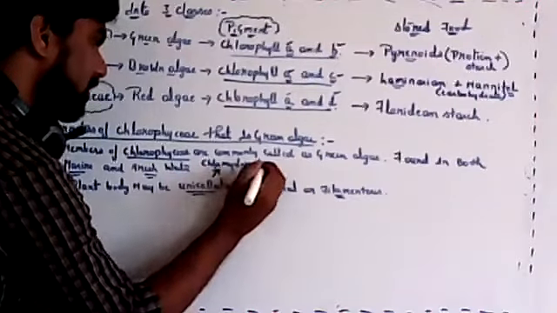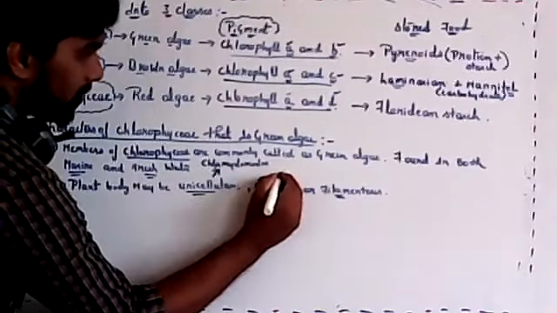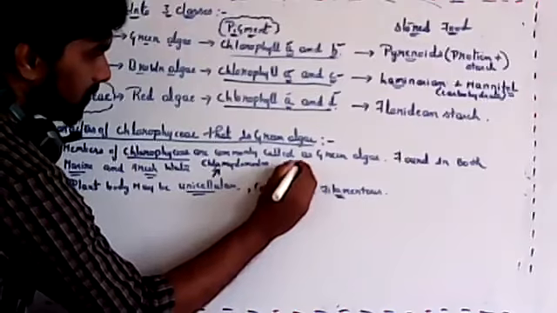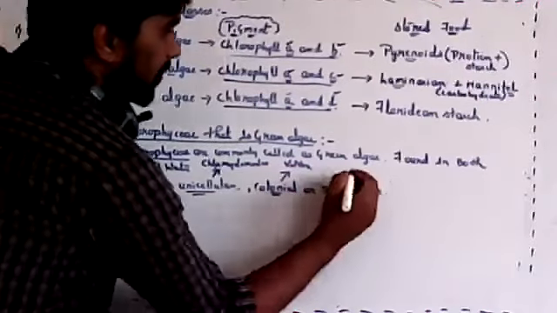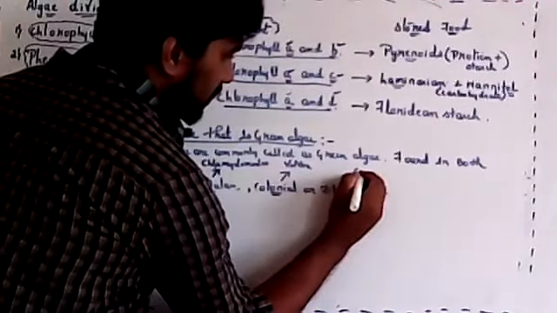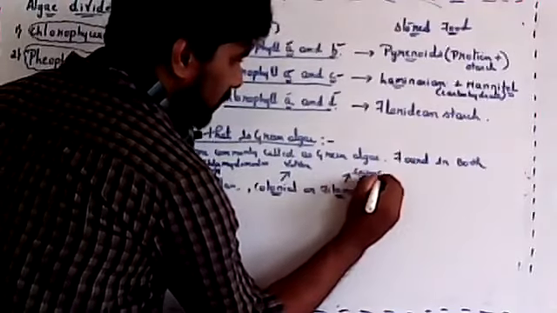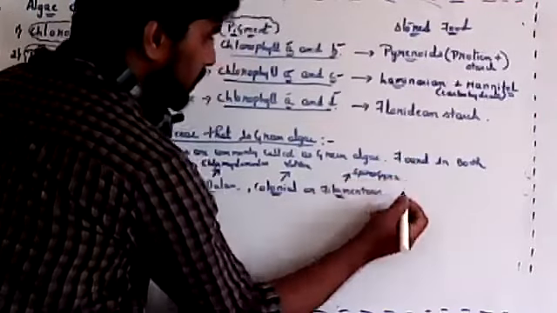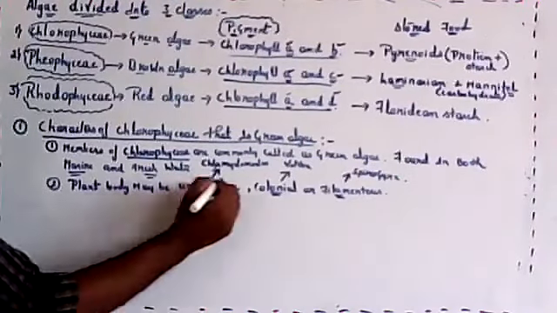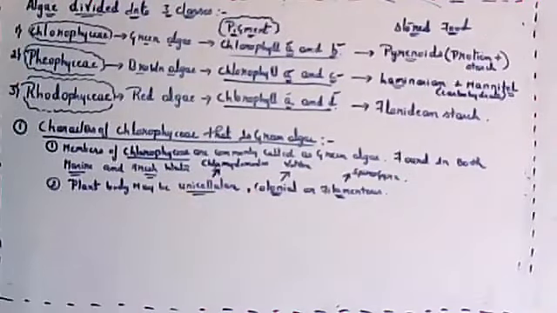Last class I told, unicellular is Chlamydomonas, colonial is Volvox, and filamentous is Spirogyra. So the plant body may be unicellular, colonial, or filamentous.